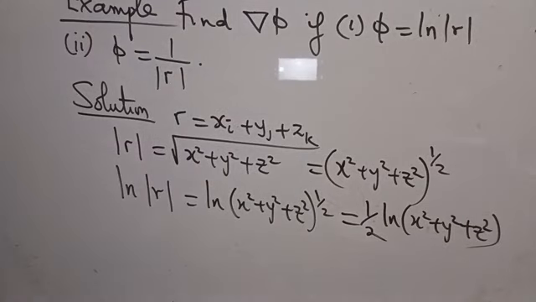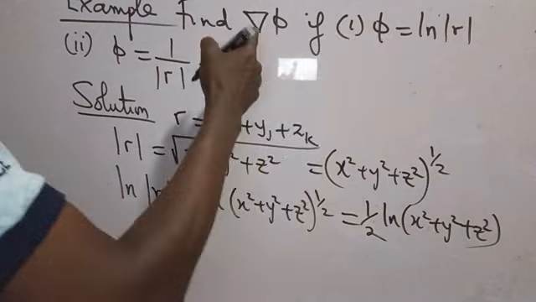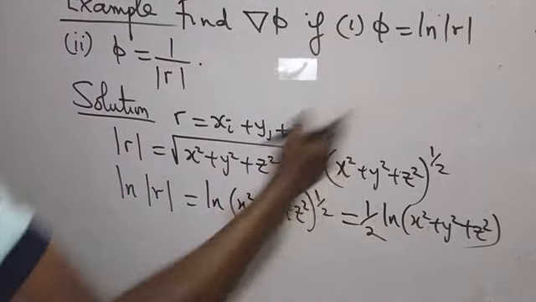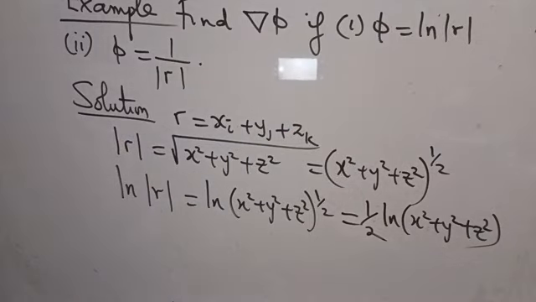That is another way of writing it. But the question says we have to find the grad of phi. So we have expressed our phi in terms of the modulus of r. Beautiful. Now, how do we find the grad of phi?